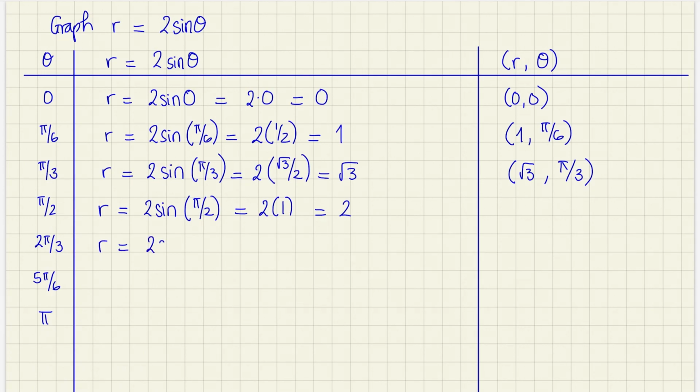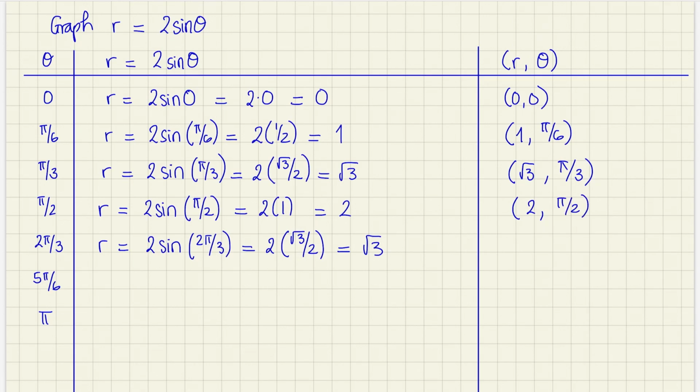R equals 2 times sine of 2 pi over 3. Sine of 2 pi over 3 is root 3 over 2. I have 2 times root 3 over 2. That is root 3. So I have 2 comma pi over 2. And this is root 3, 2 pi over 3.